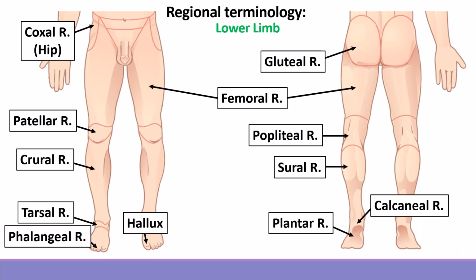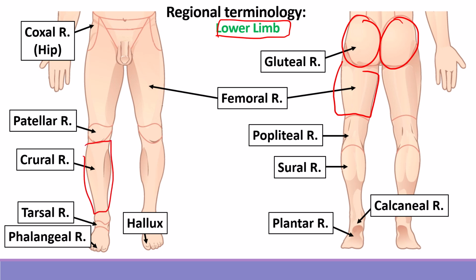Finally, to conclude this portion of the anatomical terminology, when we look at the lower limbs, we have the gluteal region, which is where the gluteus is located. Femoral region is the thigh, okay, front and back. The region of the leg, if it's the front part, is called the crural region.